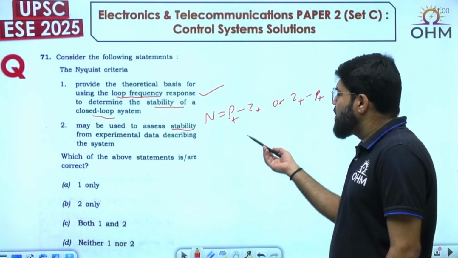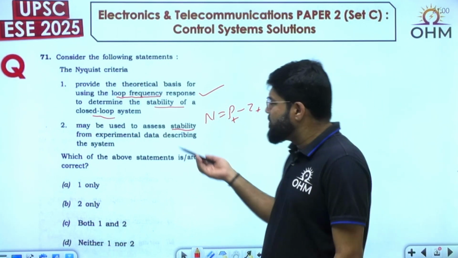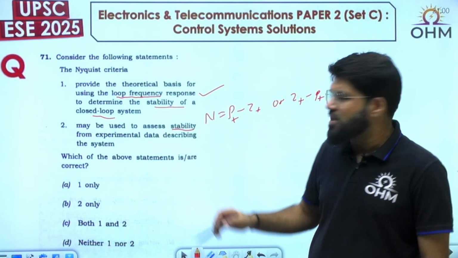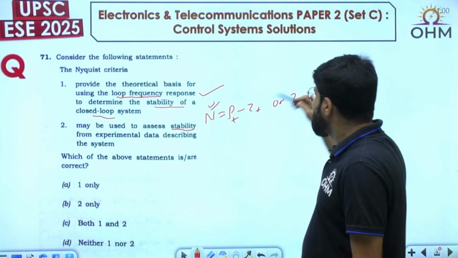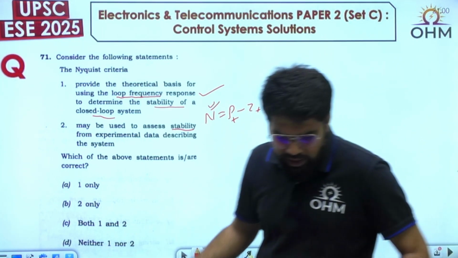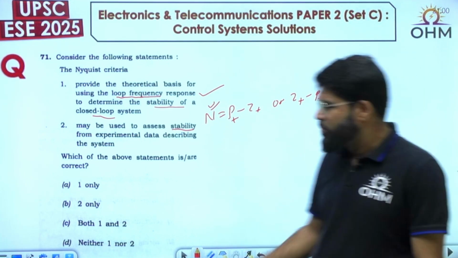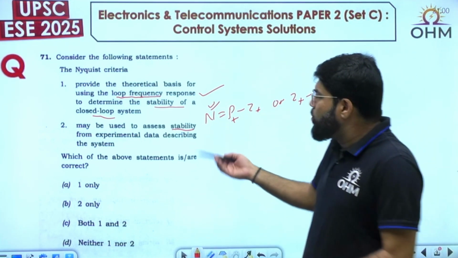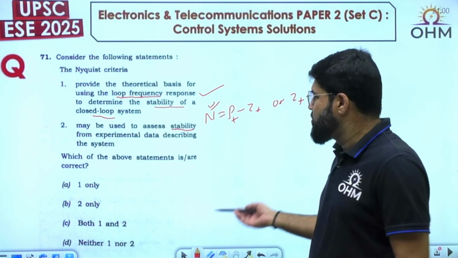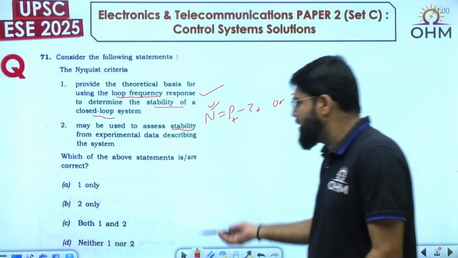What you actually need to assess the stability is the Nyquist plot itself, so that you can notice the encirclements from the plot. We don't need any experimental data. We need the complete Nyquist plot. And even if some data, what type of data they have not clearly mentioned. So this is definitely not a correct statement.